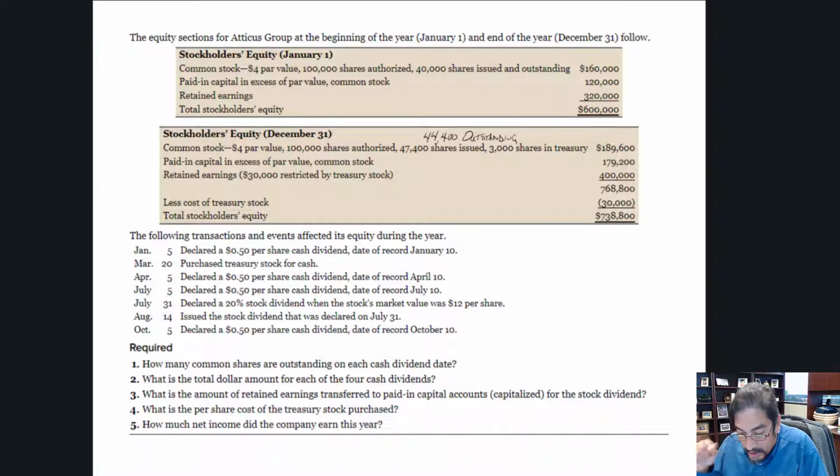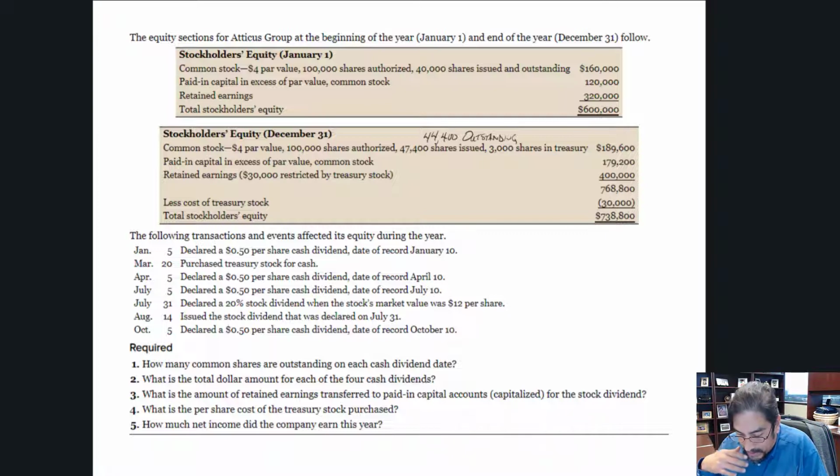July 31st, a 20% stock dividend. Remember, 25 is the threshold. 25 or less is small, more than 25 is large. This is a small stock dividend. The 14th, we issued the stock. On the 5th, another cash dividend declared.